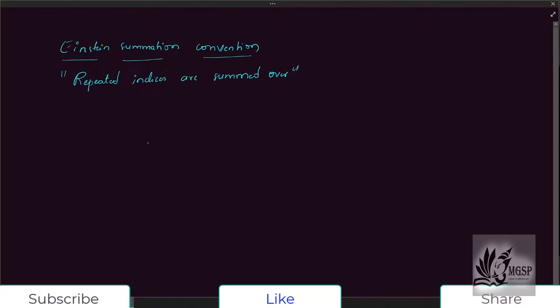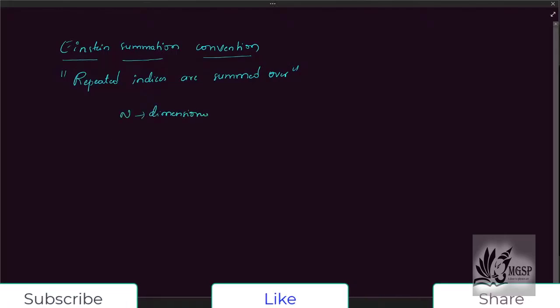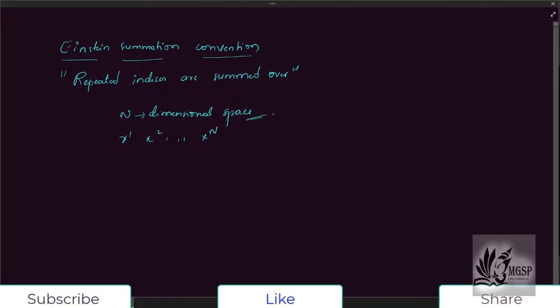Let's consider an n-dimensional space, and x1, x2 up to xn are the set of coordinates in this space.